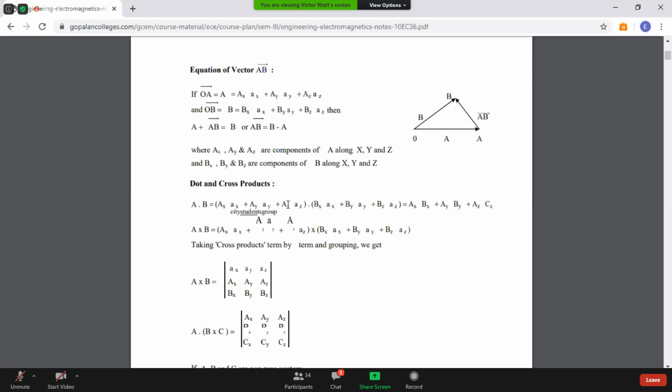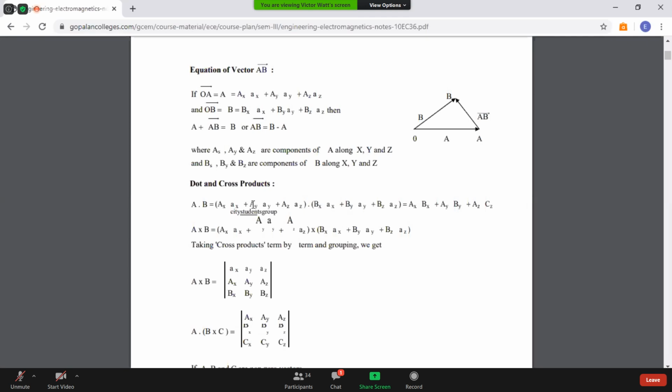So AY dot BX would work out to 0 because the cosine of the angle is 0, right? With me? AZ dot BX would work out to what? 0, sir. Because the angle is 90.